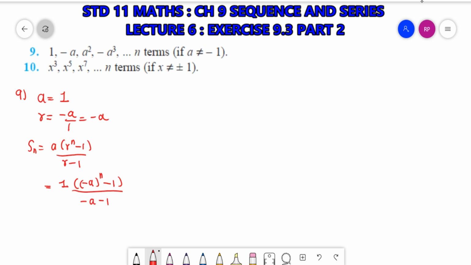So see what I can do, I can take the minus sign common. So it will be minus a raised to n minus 1 upon minus a plus a. I can multiply this minus sign in the numerator. So here Sn will be equal to 1 minus a raised to n upon 1 plus a.